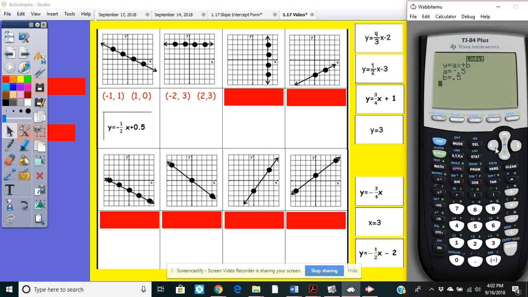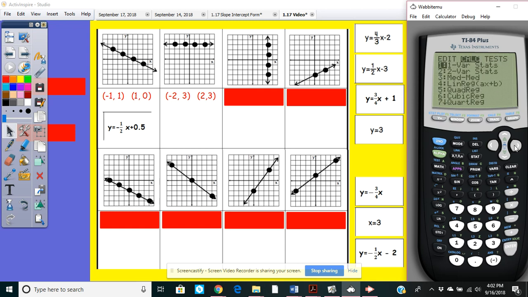In your calculator, you go to Stat and edit your list, and remember that you need to clear your list before you do anything else in them. Our x's are -2 and 2, and our y's are 3 and 3.